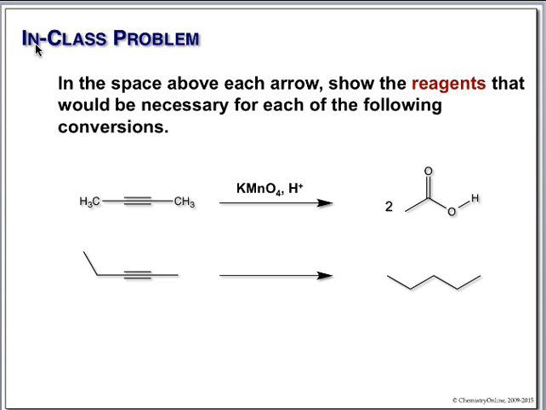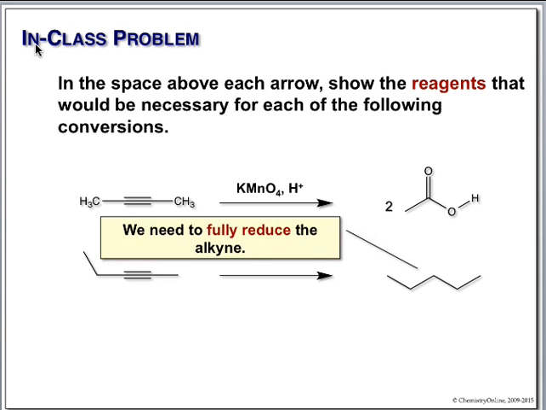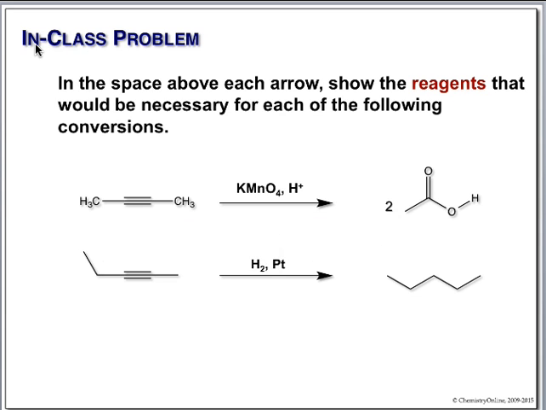We want a powerful reducing agent, something that will reduce the intermediate alkene. The only way we know to do that is one of our heavy metals, either platinum or palladium on carbon, in the presence of hydrogen gas. Complete, full reduction.